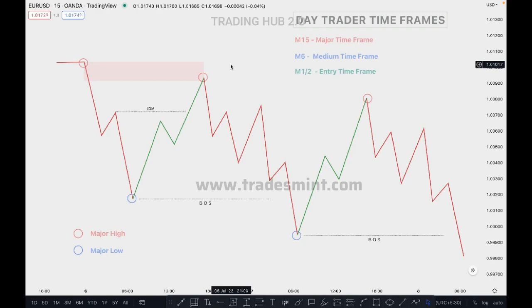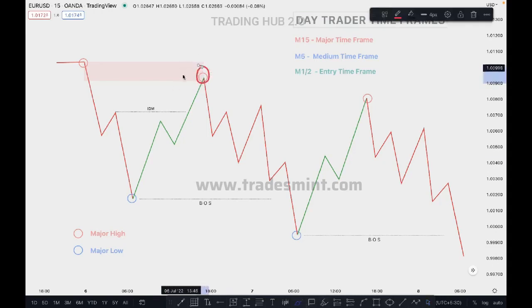Same thing is here, but this happens only on the higher time frame, not on the 1 minute. When the market taps the supply zone, then you have to switch into the M1 time frame, which is here at this point. Correct. And you don't need to focus on a 5 minute here at this point, and not a seconds time frame.